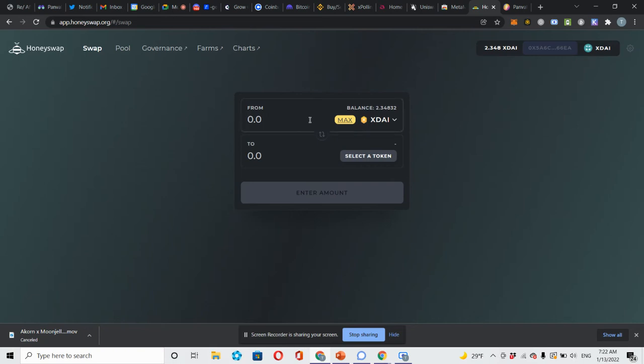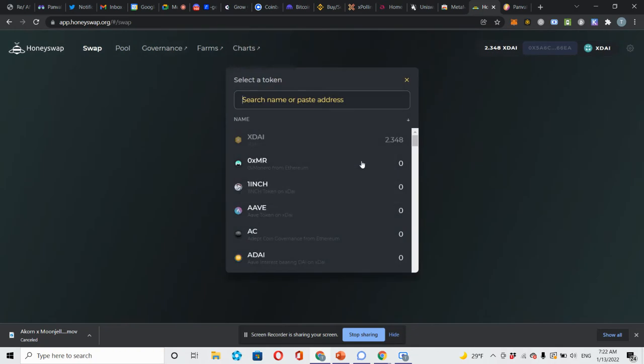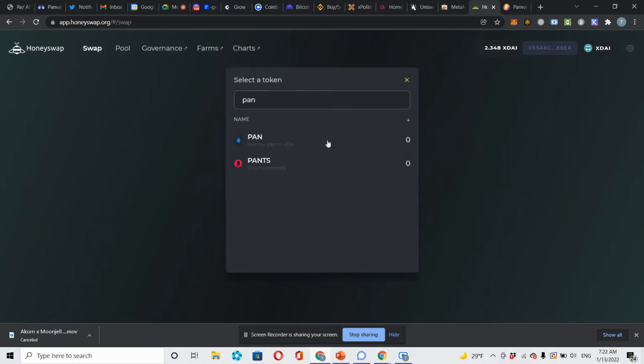So XDAI uses DAI as its gas. Ethereum uses Ethereum. Matic uses Matic, etc. But XDAI uses XDAI. So we're wanting to reserve some of this DAI as being used for gas, which is this thing that's used to pay for transactions when they occur. So we'll only use 1.8 to buy Pan.